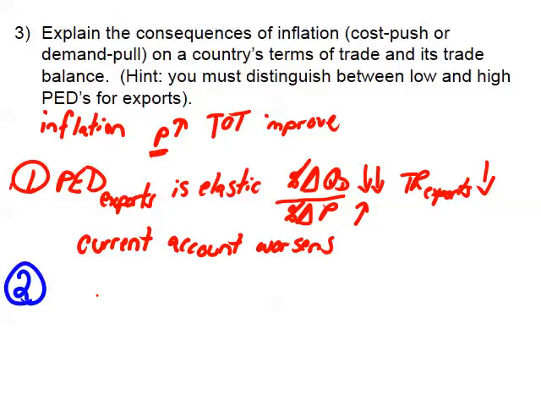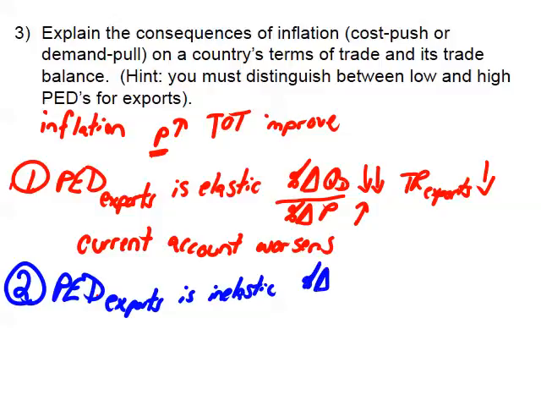And 2, let's look at PED for exports being inelastic. Percentage change in quantity demanded over percentage change in price. We know from the situation of inflation that price went up.